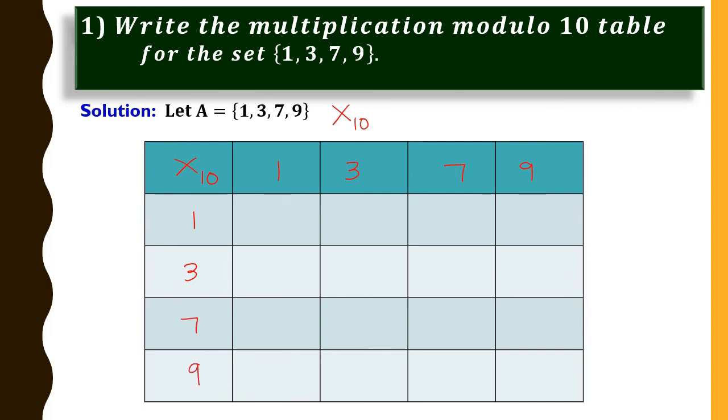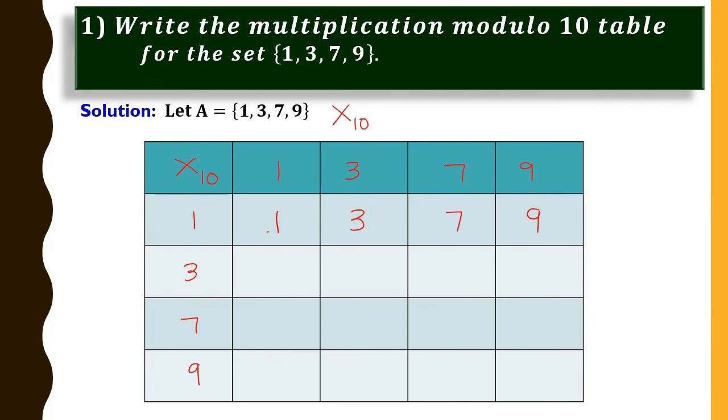Okay, now we have to fill up these blocks. Again, we know that to fill up this block, I should multiply 1 into 1, that is 1. If you divide that by 10, remainder is 1. So I write 1. Similarly, 1 into 3, 3. 1 into 7, 7. 1 into 9, 9. These numbers are less than 10, therefore we get the remainder as it is.